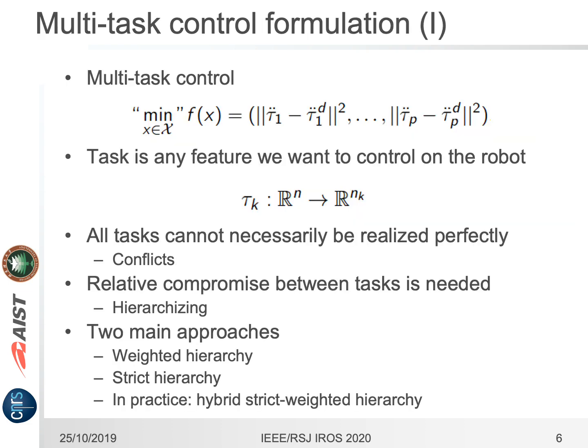Let's have a quick tour into the fundamental aspects. In a multitask control formulation, we can define as many tasks tau k as one wants the robot to achieve. A task being any feature we want to control on the robot.